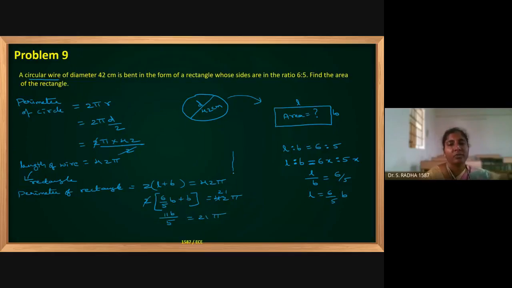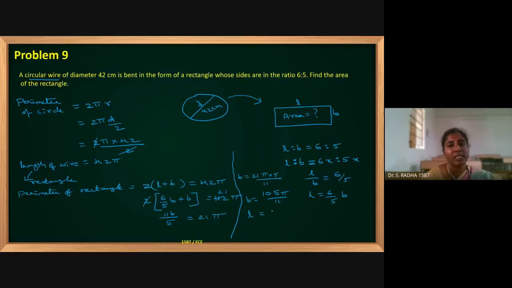So we have to find b value. B value is nothing but 21 pi into 5 divided by 11. You can simplify this. So this is 105 pi by 11. This is b value. And then length value.